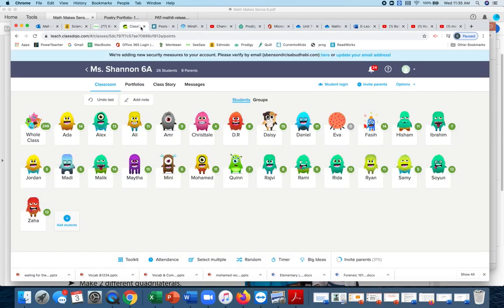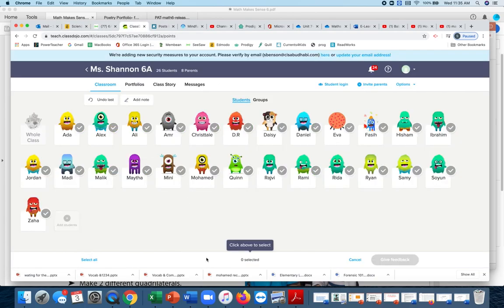I'm just going to give some Class Dojo points quickly. So we have Malik, Ada's done, Alex, Ali, Amber, Daisy, Daniel, not yet, Eva, Fassi, Hasham, good job, Jordan, no, Maddie, Malik, Matha, Mohammed, Quinn.